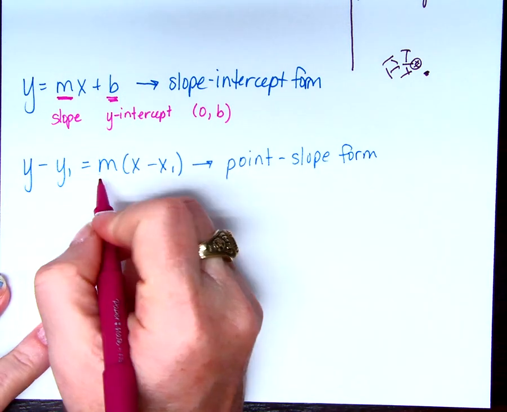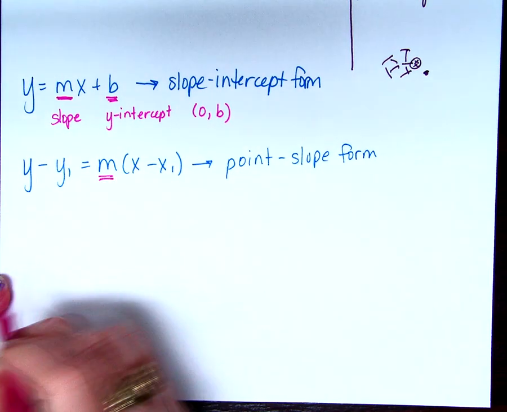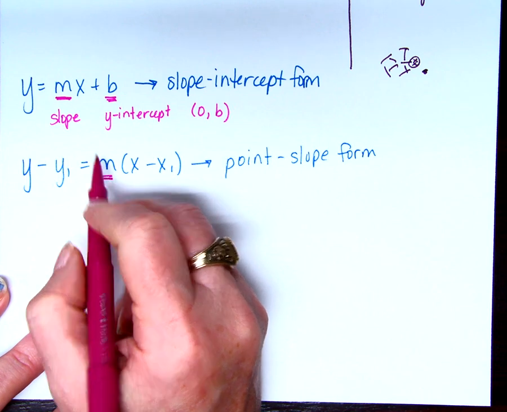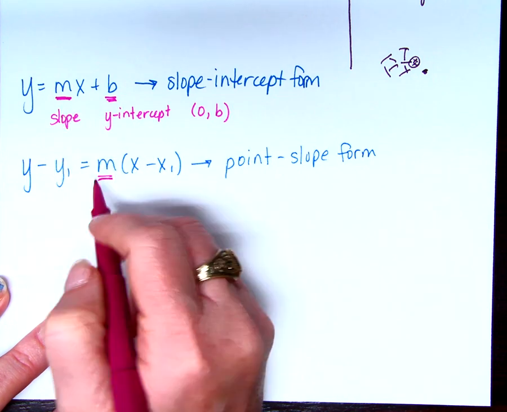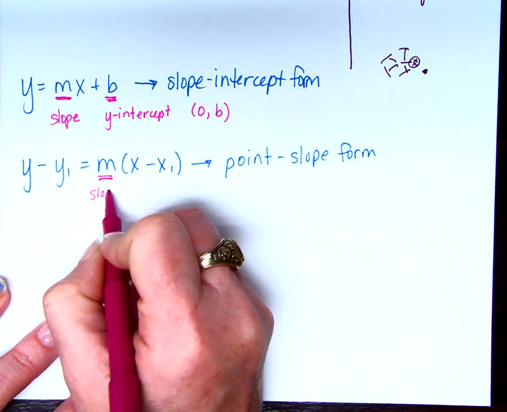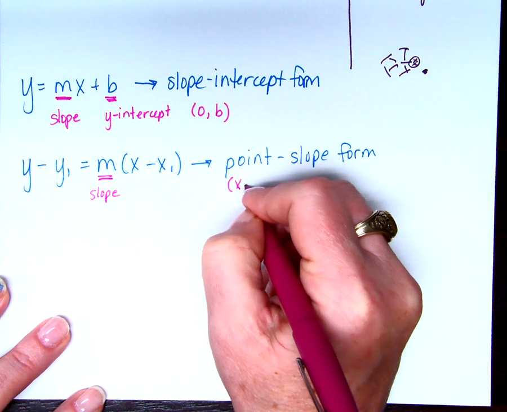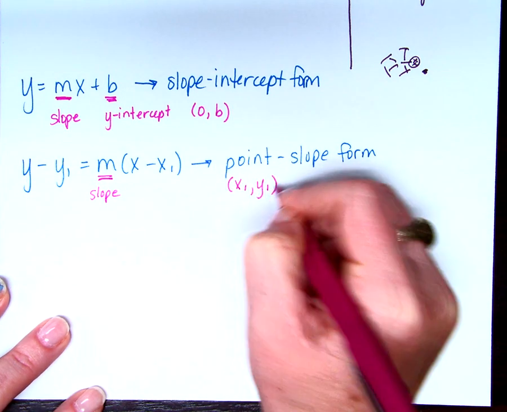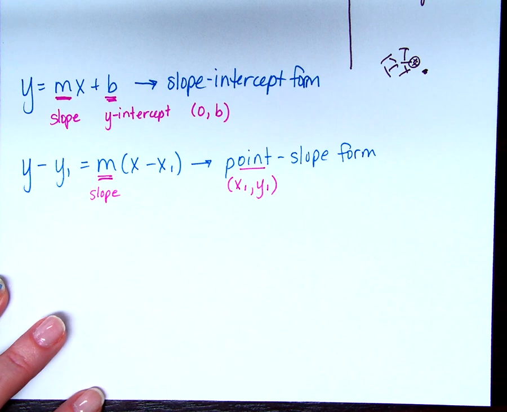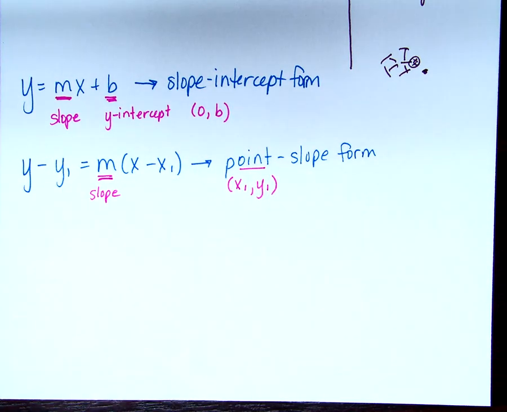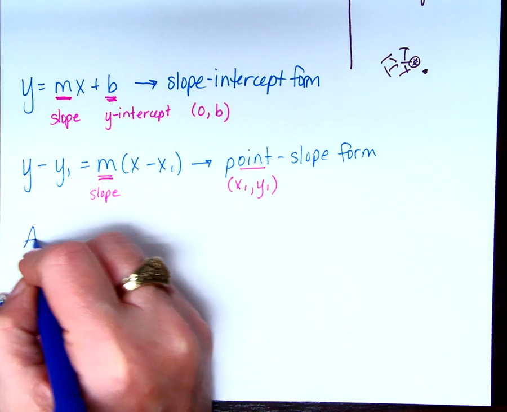In point slope form, what is this? Well, just like it is up here, what is it? It's your slope. And there's a specific point, x1, y1, that we're talking about. x1, y1. Okay, so far? Okay.